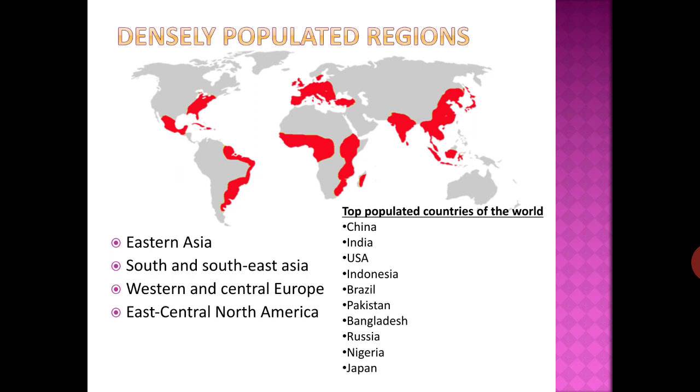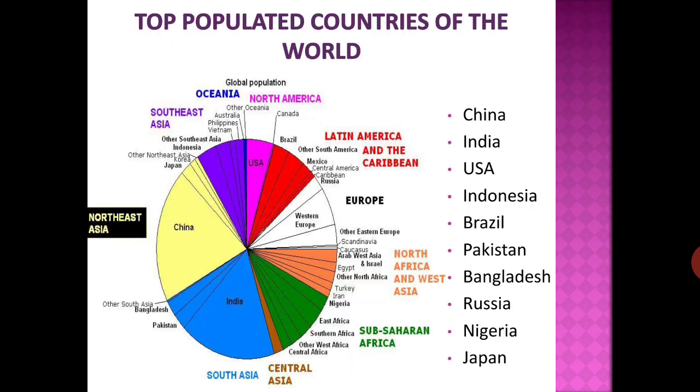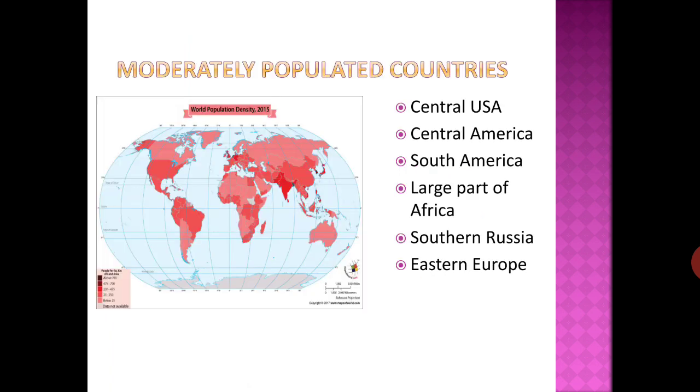These include Eastern Asia, South and Southeast Asia, Western and Central Europe, and East Central North America. These are some of the areas where more and more people are living. The top populated countries of the world are China, India, USA, Indonesia, Brazil, Pakistan, Bangladesh, Russia.